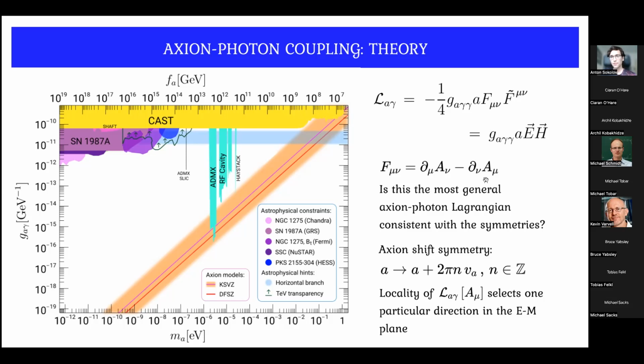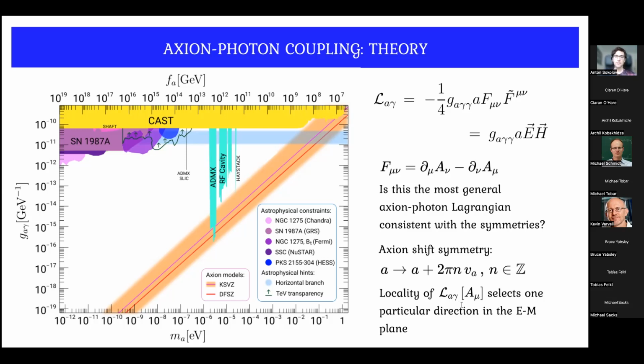And here the locality of our Lagrangian selects one particular direction in the electric-magnetic plane. But again, the non-locality in the Lagrangian does not mean that the physics and the effects will be non-local also.